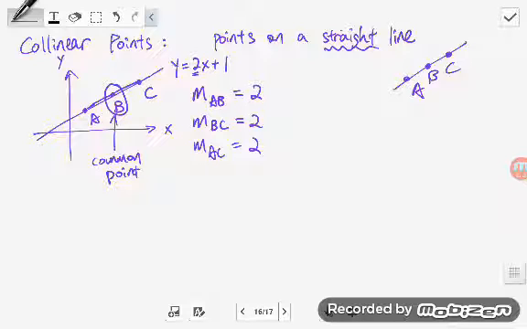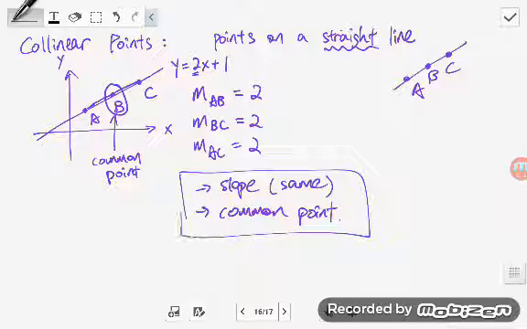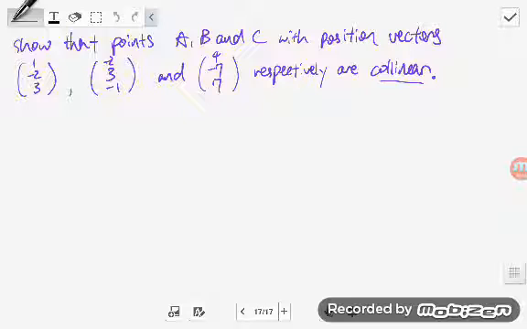So if we're trying to prove that points are collinear, the first thing we need to do is look at the slope. The slope must be the same. The second part is that they should have a common point. Based on these two must-have attributes of collinear points, we're going to apply that to our example here.